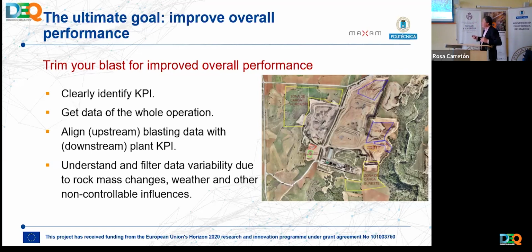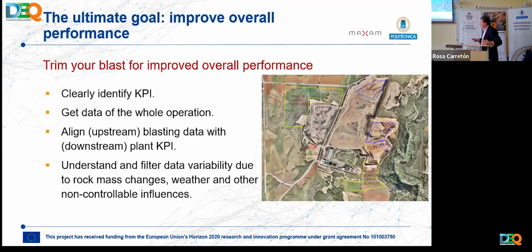You need to align that with your blast, because what you want is to make a blast, check out how the whole operation is, and then go back to your blast, change your blast, see how your KPI move, and do that until you are trimming the system for an optimum overall performance.